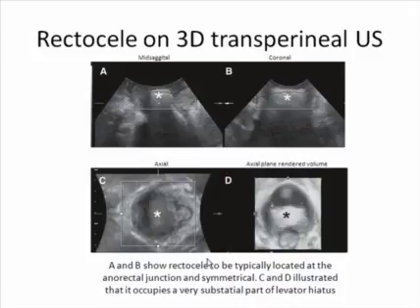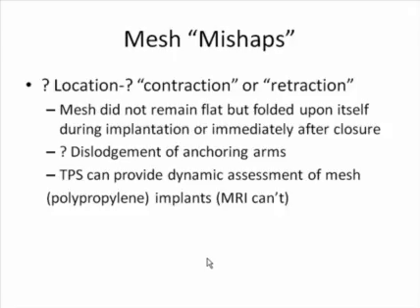This is an example from Dietz of a rectocele. You can see the asterisk shows an echogenic structure that goes beyond the line that we drew, and that's an example of a rectocele.